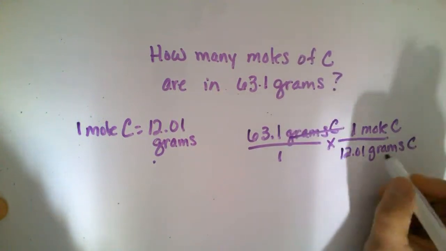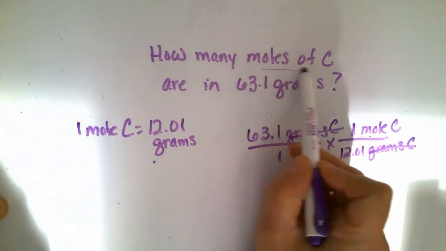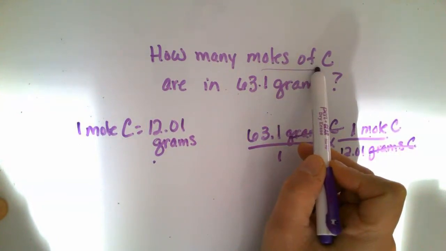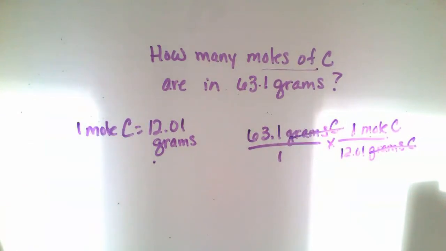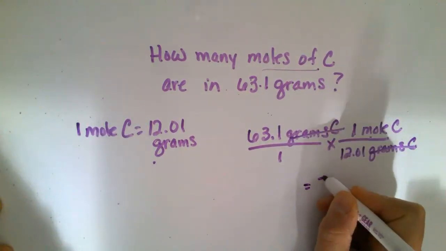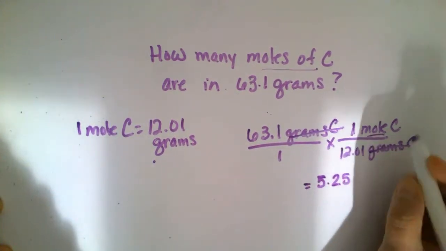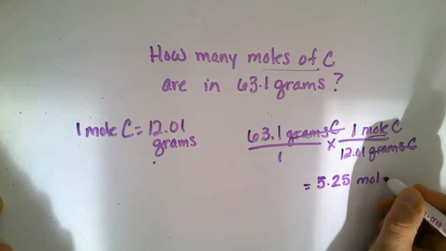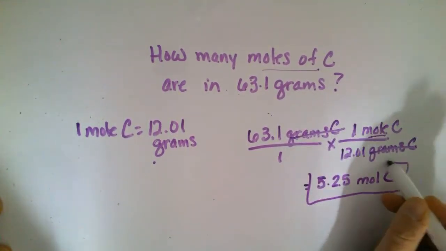Right? So these cancel, and the unit we have left is moles of carbon, which is what the question is looking for. So we know we can stop here. So we would take 63.1 divided by 12.01, which equals 5.25, and we know it's moles of carbon.